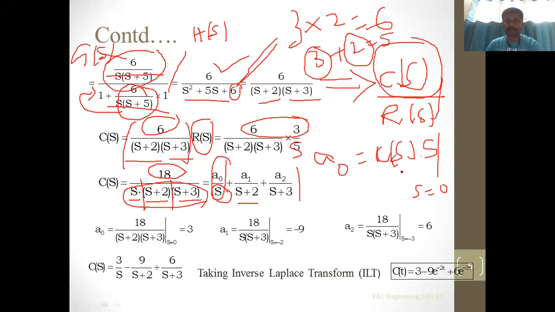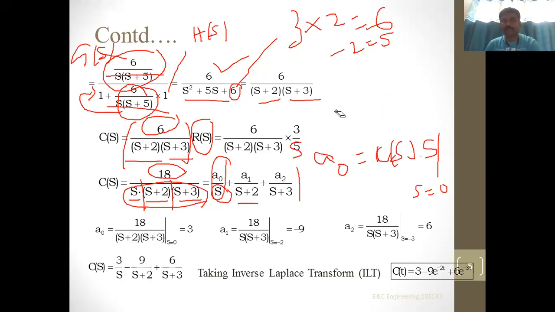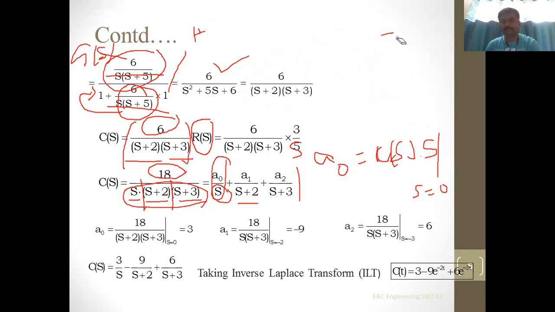Next step, if I substitute the value of C of S, now what is C of S? 18. For one case I will show you in detail. The same thing is applicable for the rest of the cases. Now please refer to the top. Now A0 is equal to, is it fine?